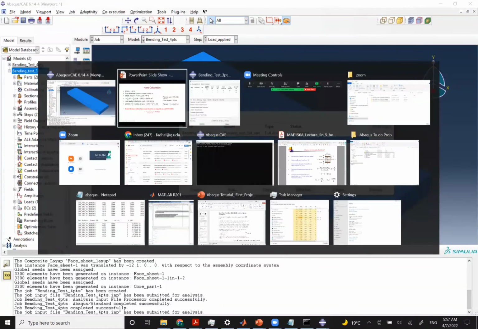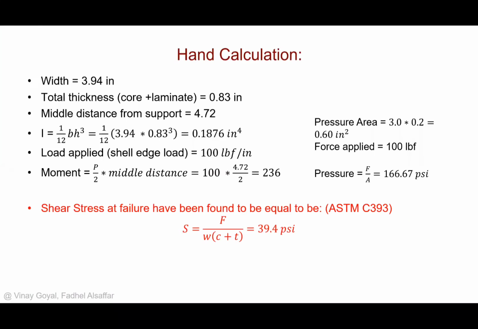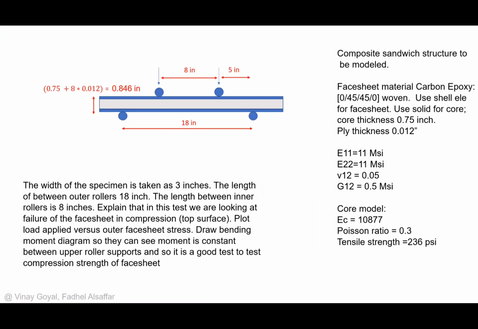Let's go back to this problem again. Let's have a look at what we have and what we expect. So we have 2-point bending test. We have 2 forces applied here. We did symmetry. We applied it in this middle plane around the x-axis.